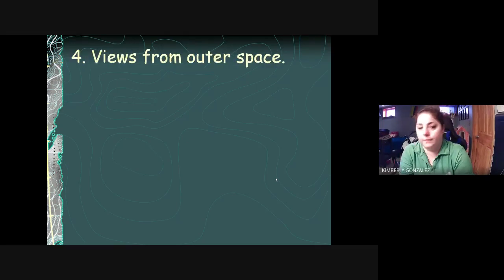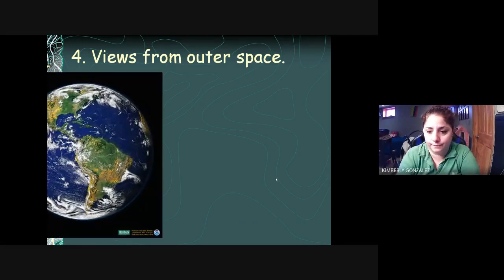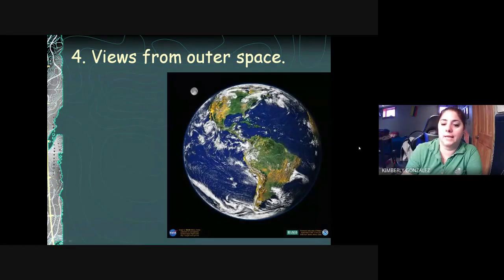The fourth one is the pictures, the satellite images, everything like that from outer space. This is the most definitive proof that the Earth is not flat. Okay? You can see the rounded edges, right? You're using those 5 senses of yours.